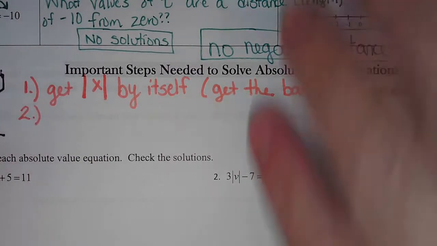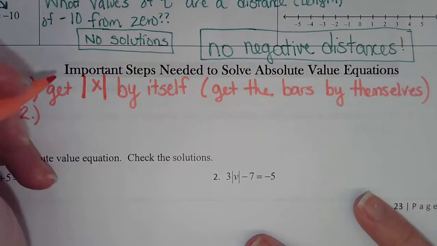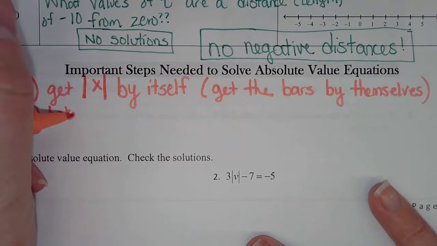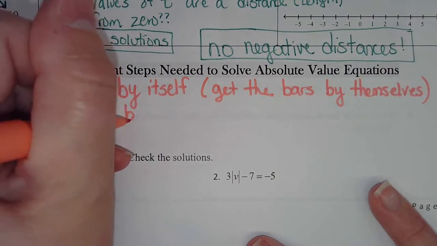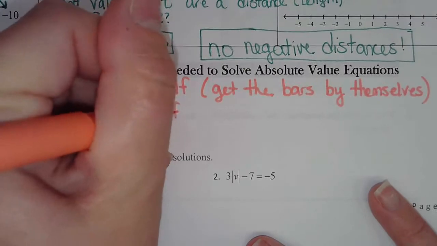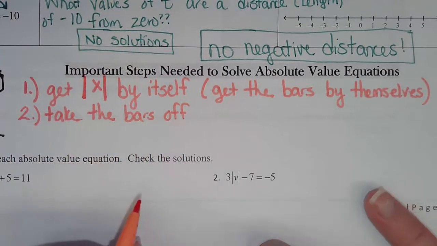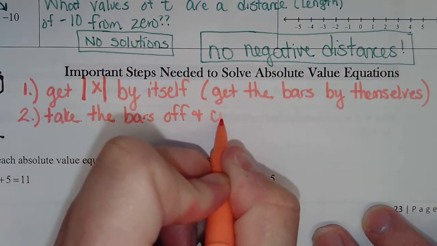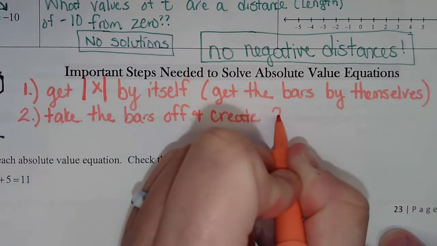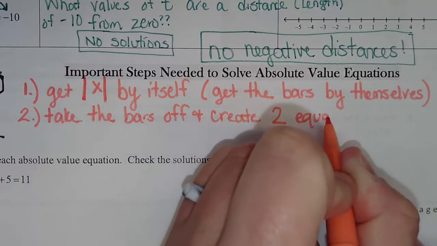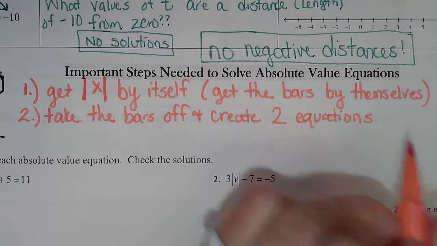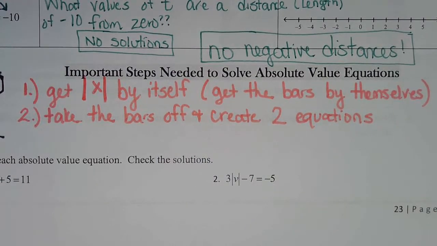Once your absolute value bars are by themselves, then you get to take the bars off. And this is where it's going to get kind of weird. And create two equations. And we'll talk here in a second about what those two equations look like, which is kind of what we did up top.